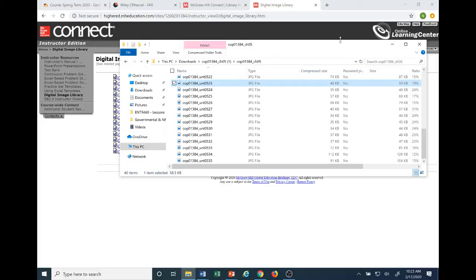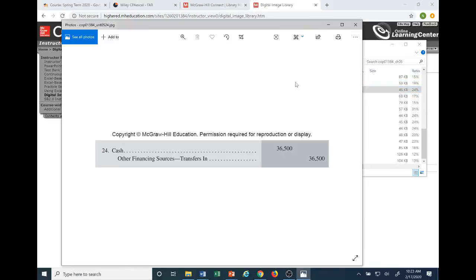So we know when we went over that example on last Friday about the Capital Projects Fund, they had that residual equity of $36,500 left over, and they transferred it to the debt service fund. So the corresponding entry that the debt service fund would have made is going to be a debit of cash of $36,500 because it's an asset, it's going up, and then credit other financing sources transfers in of $36,500 because they've received that money from the general fund. Pretty simple, right? Same song and dance.